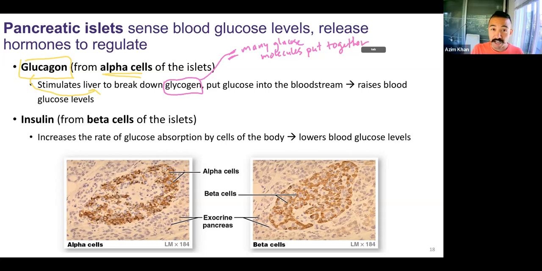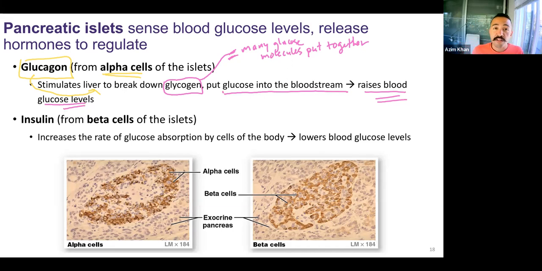So glucagon tells the liver, hey liver, I know you have all this glycogen stored. Take some of your glycogen and break it down into glucose so that we can use it. Glucose is a more usable form. We can use it for energy. We put glucose into the bloodstream, and so you raise your blood glucose levels.